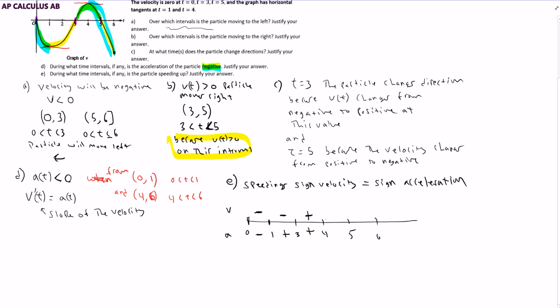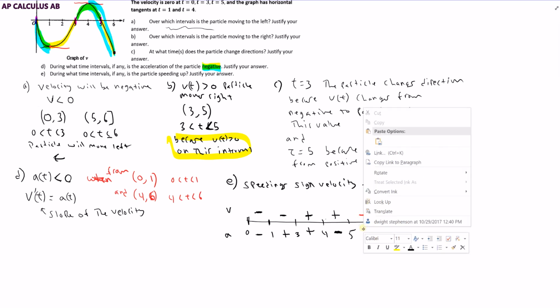It's increasing. Now at 4, we start getting a negative slope, meaning the acceleration is negative, but my velocity is still above the x-axis. And then after 5, my velocity drops below the x-axis, meaning my velocity is now negative, and the slope of that function, the acceleration, is still negative.